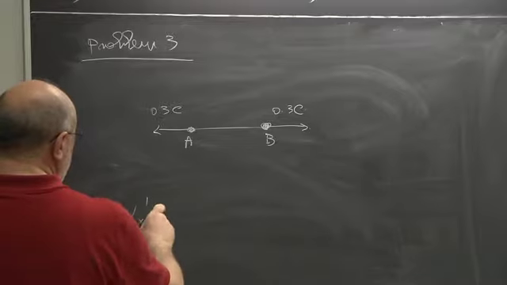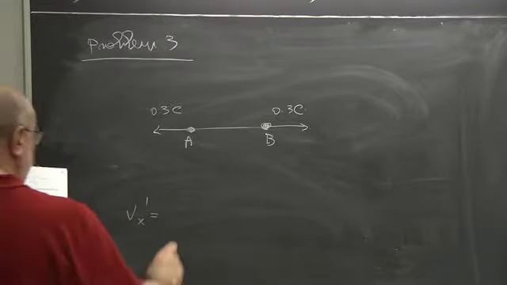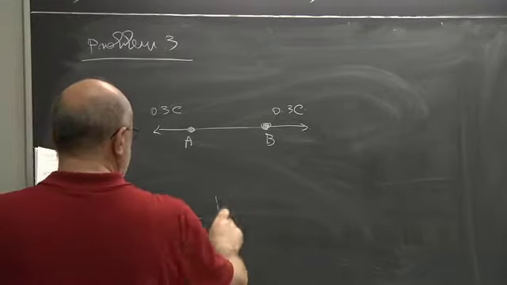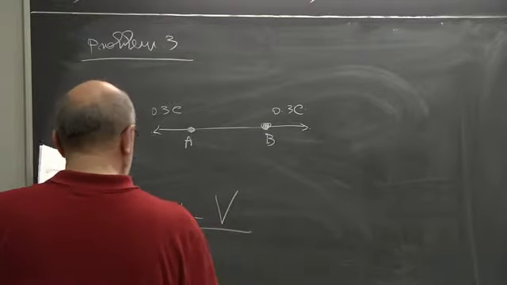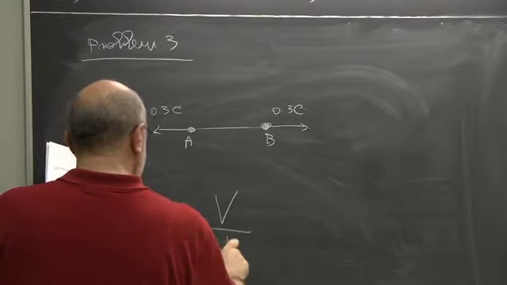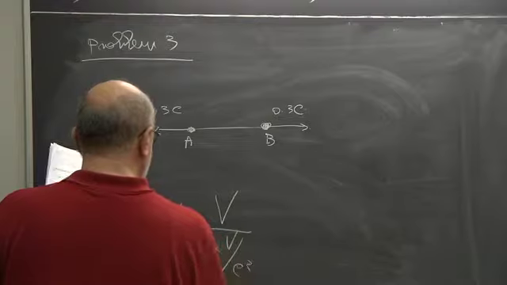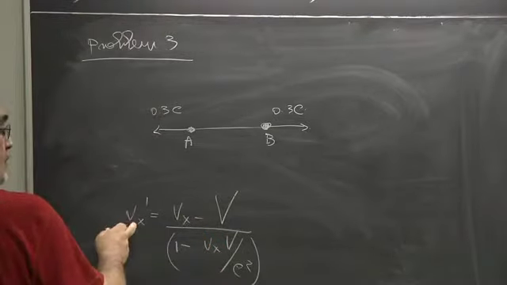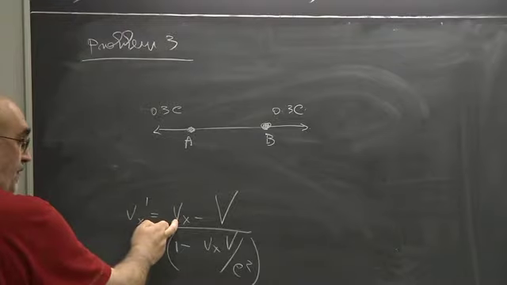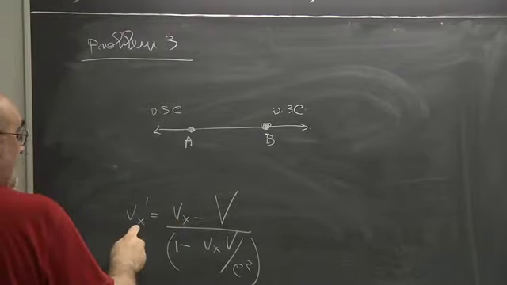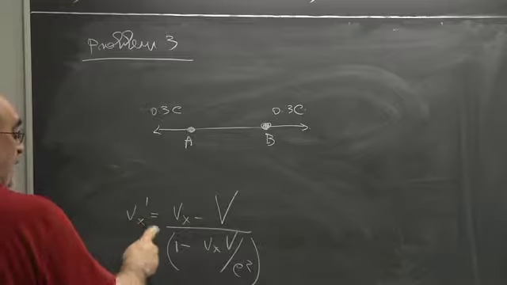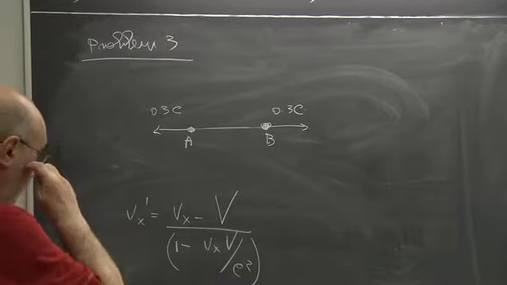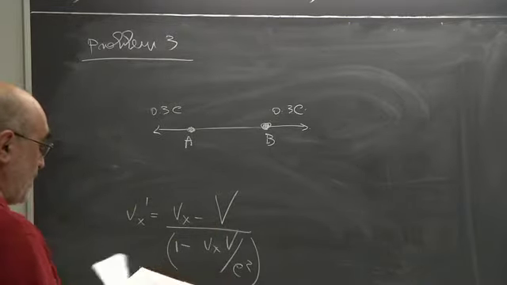If you remember, it was the following: Vx prime equals Vx minus V, over 1 minus Vx V over c squared, where Vx was the velocity in the old frame, and Vx prime is the velocity in the new frame. V is the velocity of the frame with which we move.